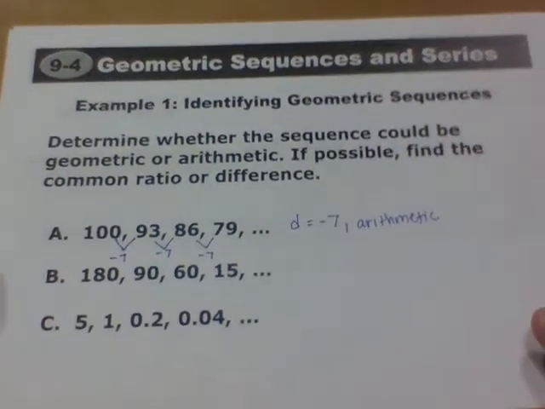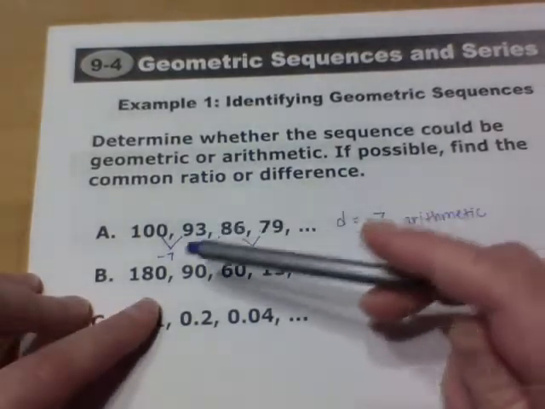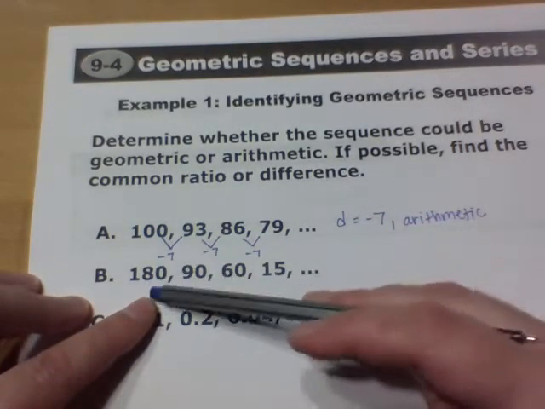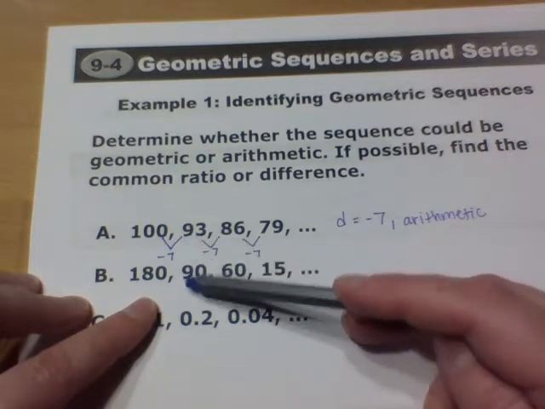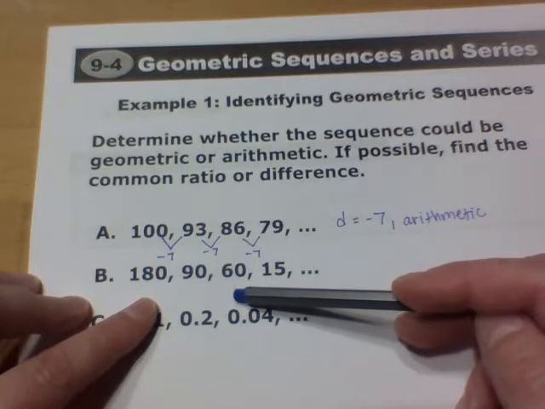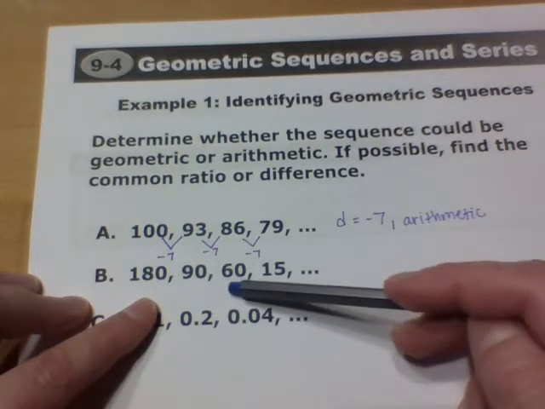All right, then the next one, let's see. We go from 180 to 90, so it's either subtracting 90 or multiplying by a half. Then we go from 90 to 60, and that's not half.